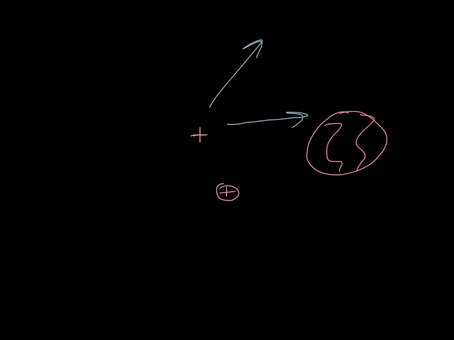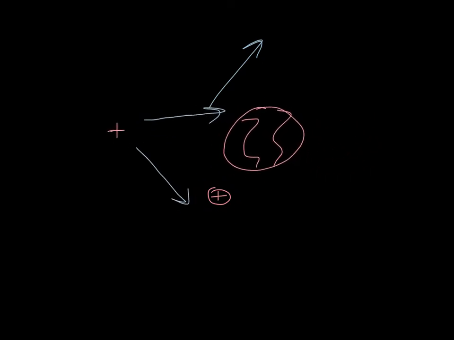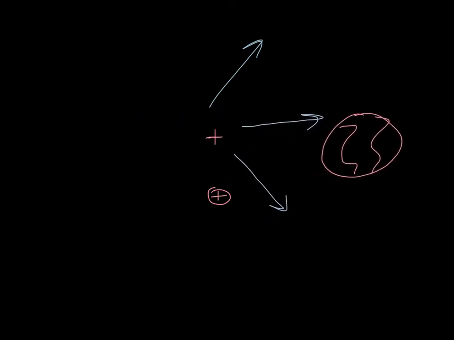And if I took that positive charge and moved it to here, it would also be pushed away. And if I moved it over here, it would be pushed away. If I move it over here, it's going to get pushed away.